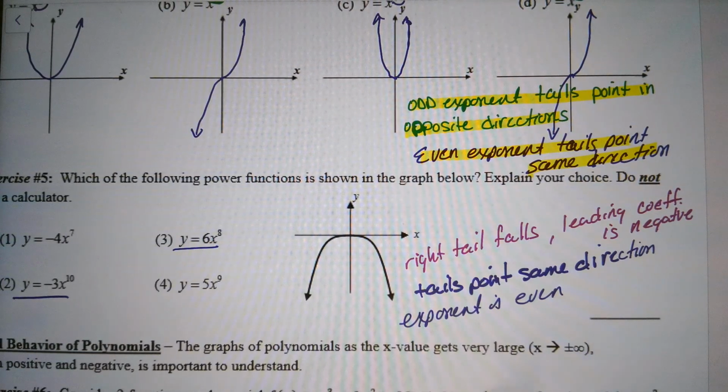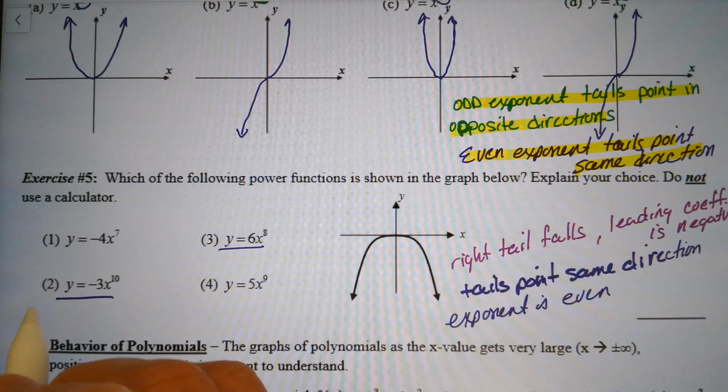The right tail falls, so the leading coefficient is negative. So it is choice 2.